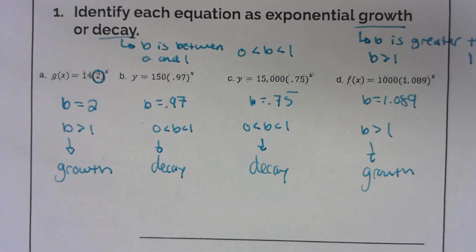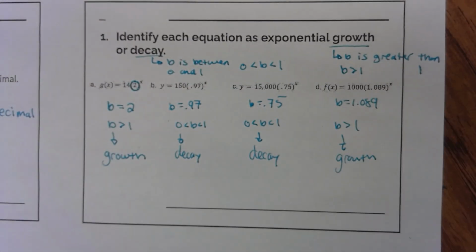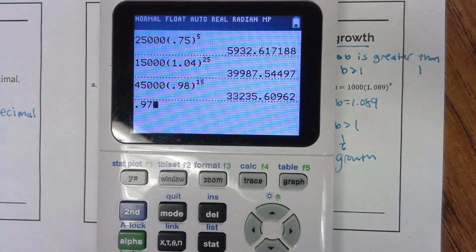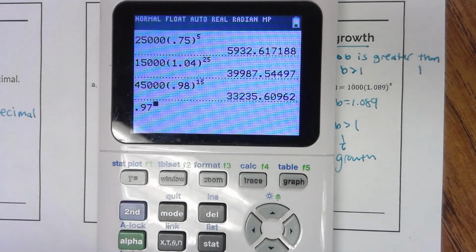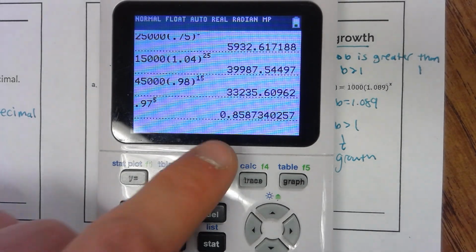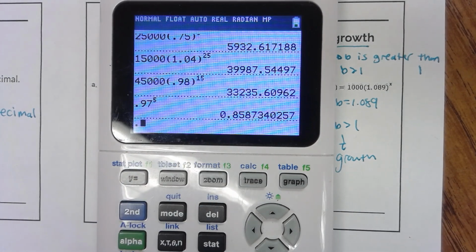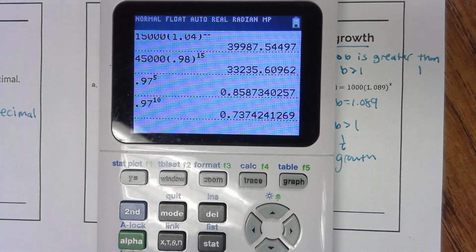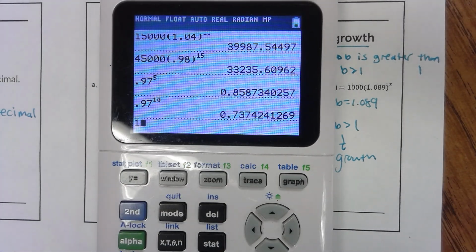And the whole reason for that is how exponents grow. I can show this on a calculator, but let's say I take 0.97 and I start raising it to exponents, it's going to get smaller. 0.97 to the power of 5, 0.858. And if I keep raising that exponent, it just keeps getting smaller.